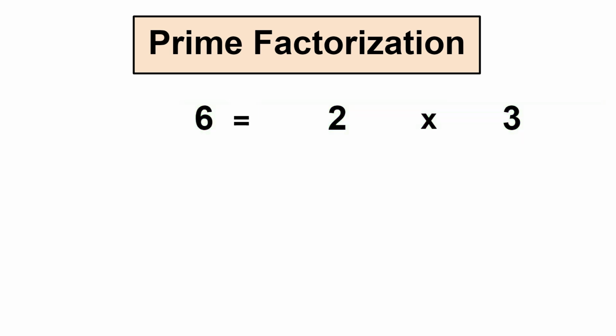So, now that we understand what prime factorization is, I'd like to show you a method for finding the prime factorization of a composite number. So, I'll use the number 28 for this example. Now, we need to break down the number 28 into prime factors, and to do that, I'm going to use a factor tree.